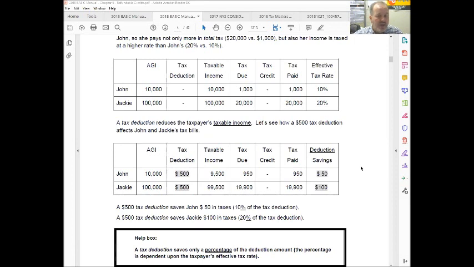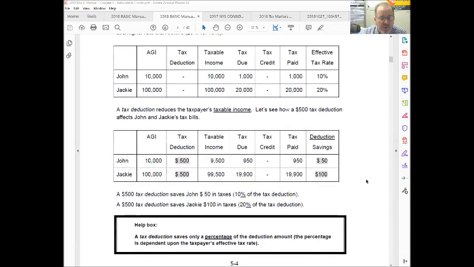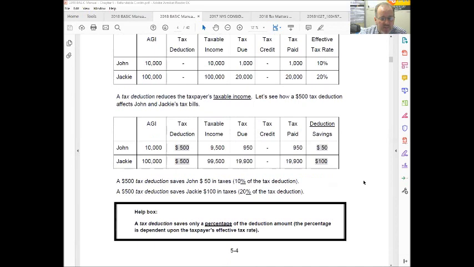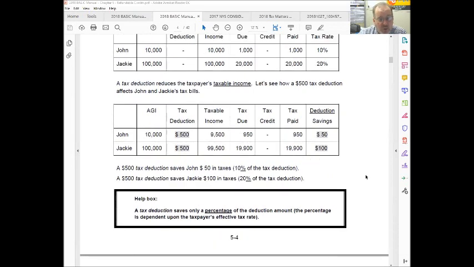So deductions have to do with the income, all right? So deductions are going to reduce income. So the deduction is going to directly affect income, and our total savings will only be a portion. It's not dollar for dollar, okay?